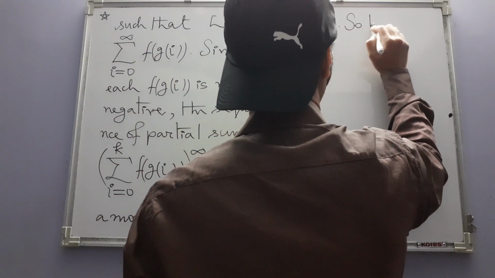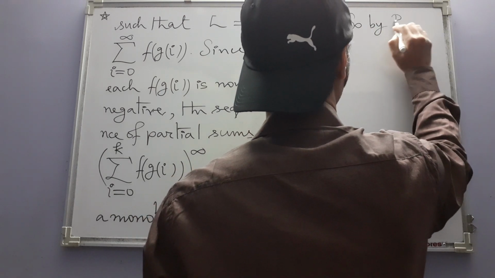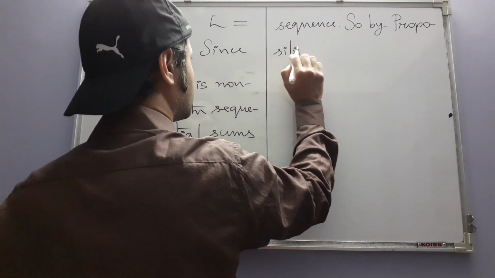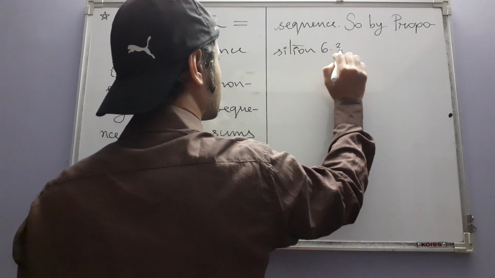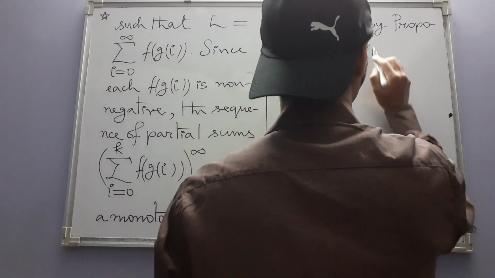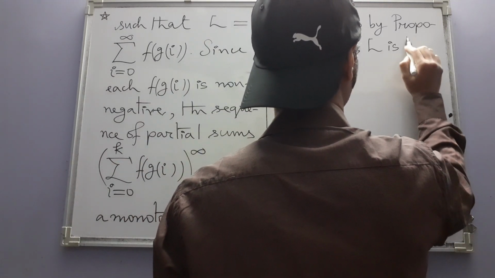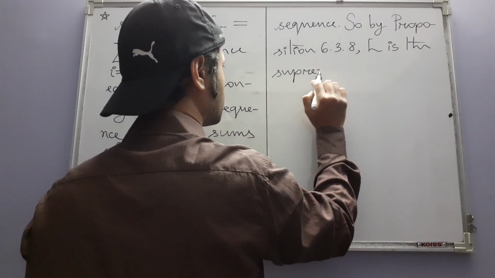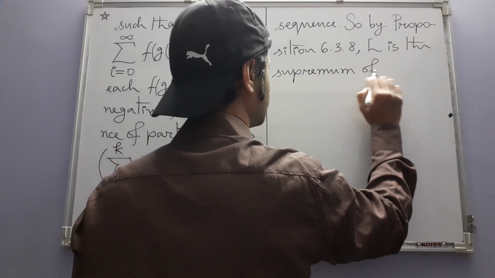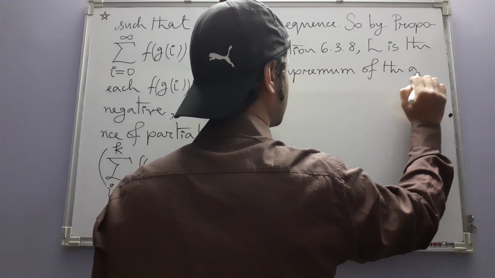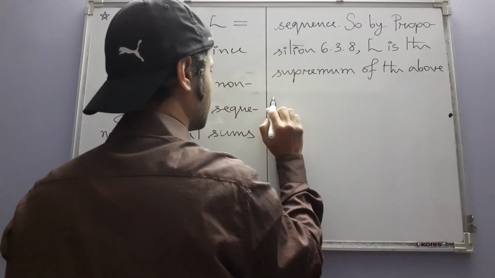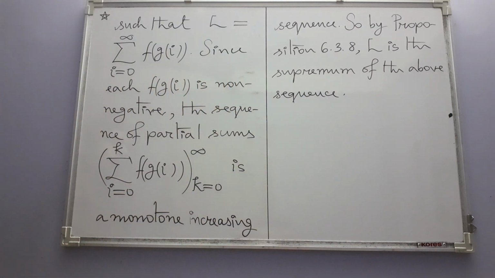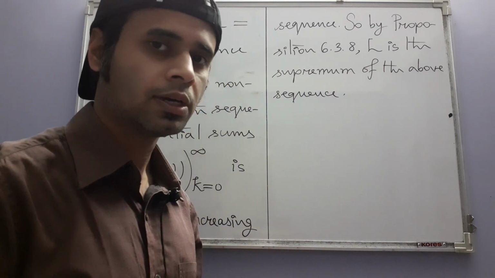So by proposition 638, L is the supremum of the above sequence. Above sequence means this sequence. L is the supremum, that means it's the least upper bound.